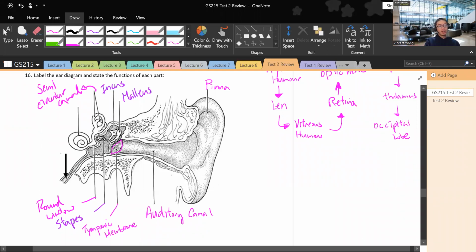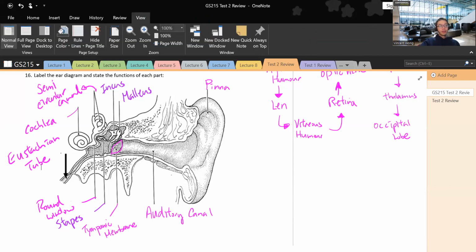Right? The semicircular canal is involved. This thing over here, that's the cochlea. That's for hearing sound. And of course, we have this tube here to equalize the pressure from the surroundings. That would be the Eustachian tube. Okay. That is all.